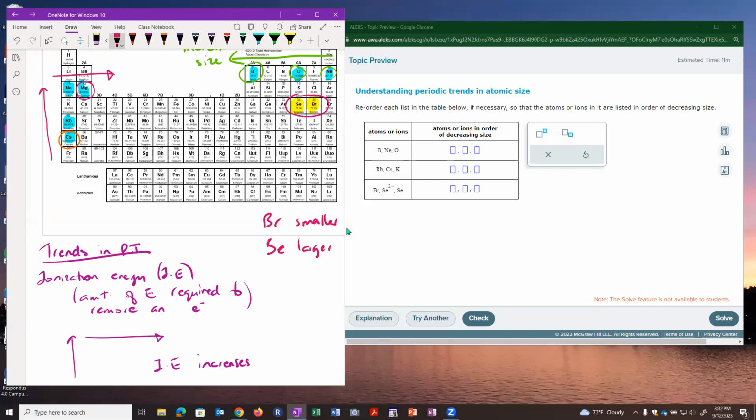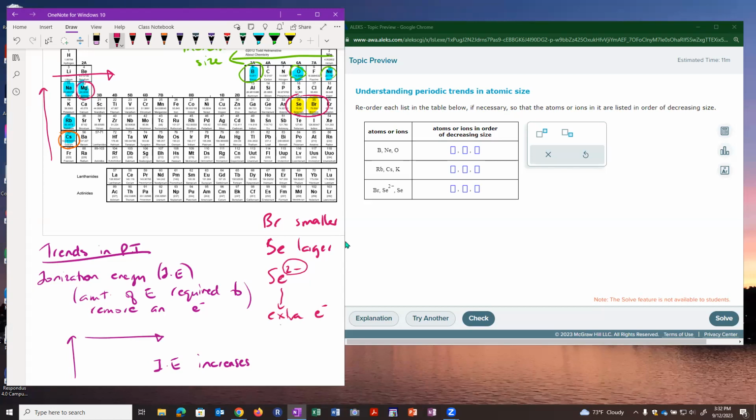And then we also have this other thing, this Se2 minus, right? So what that means, if you notice here, that has a negative sign on it. That means that there are extra electrons. Okay, and if there are extra electrons, those electrons take up more space, right? So they need to get into that atom. They're going to occupy more space.